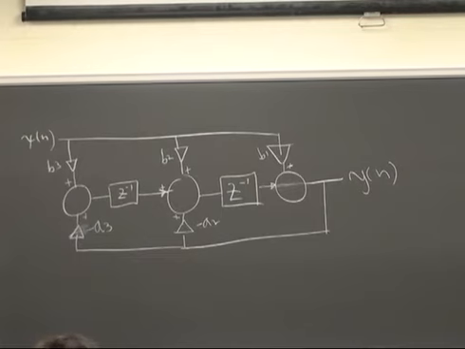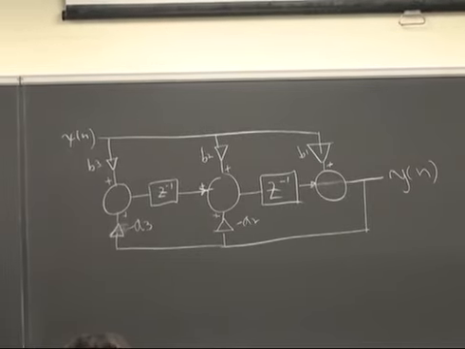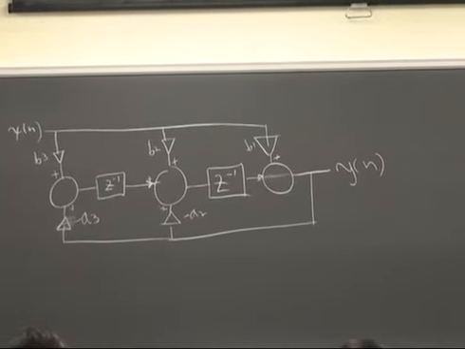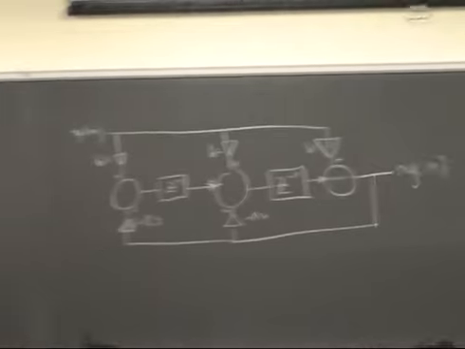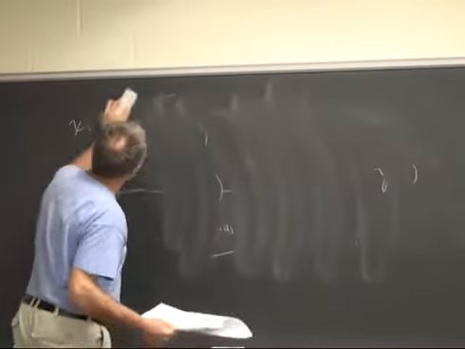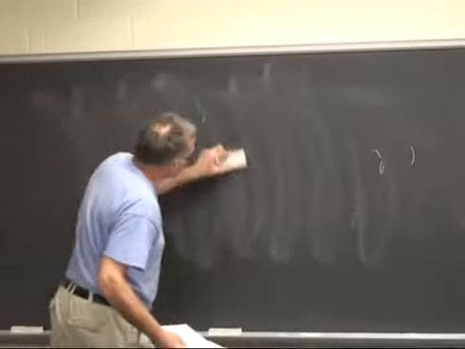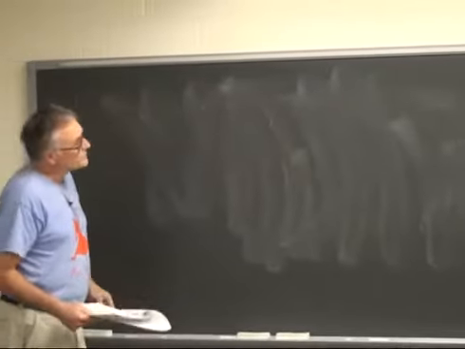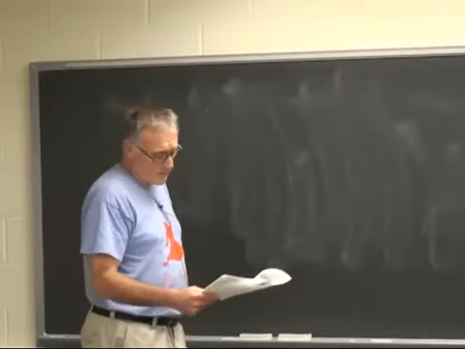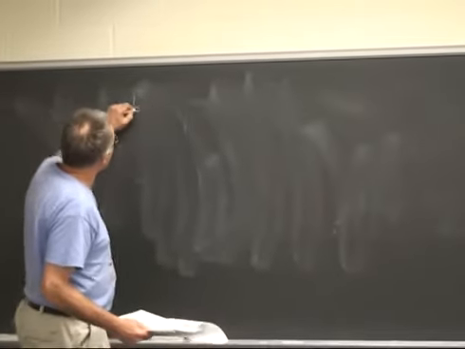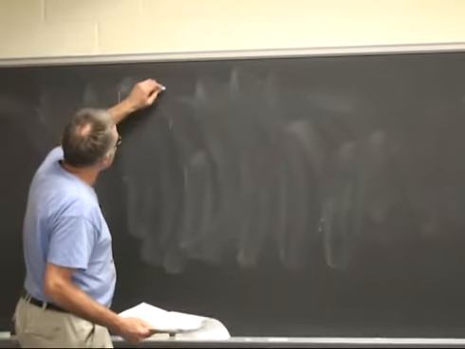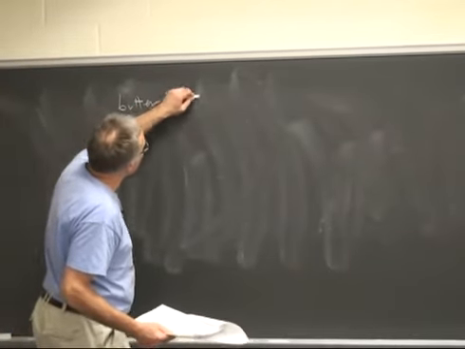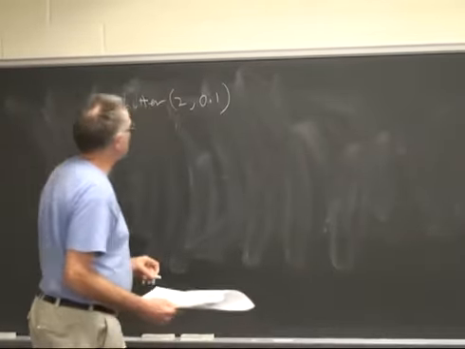But there's still a better structure we can build if we're going to do more than second order filters. The basic problem can be shown by doing an operation like this.